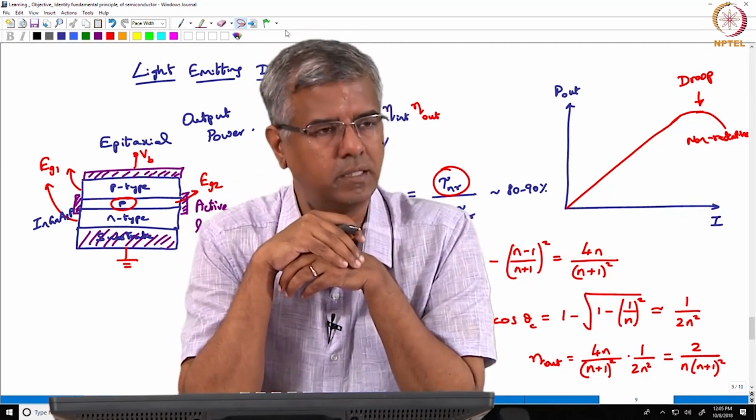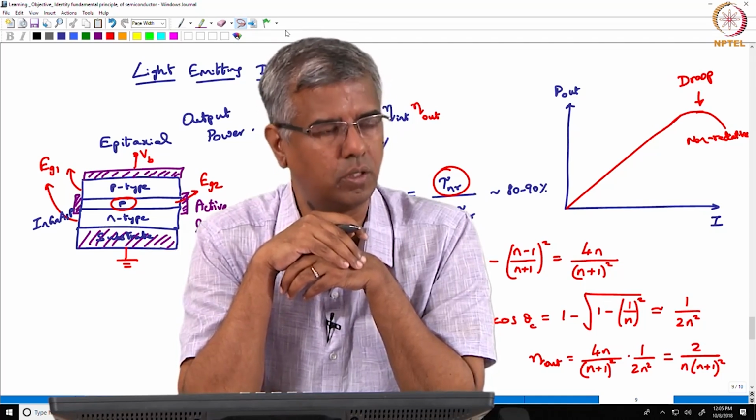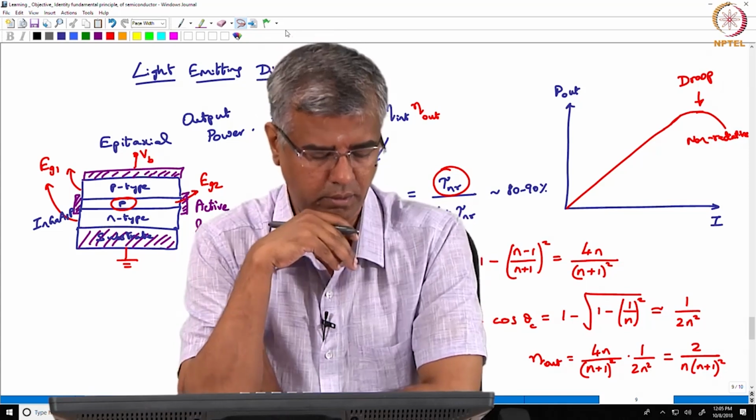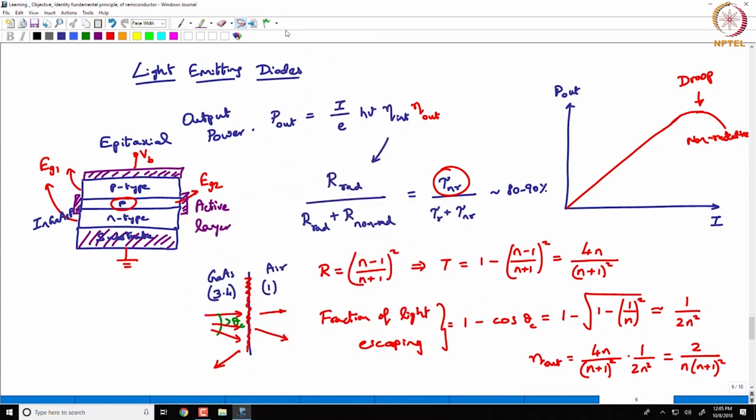So, it ends up confining the photons also in that direction. So we will have photon confinement as well as carrier confinement happening in the active region, and then your light emission will typically happen from one end of this region.